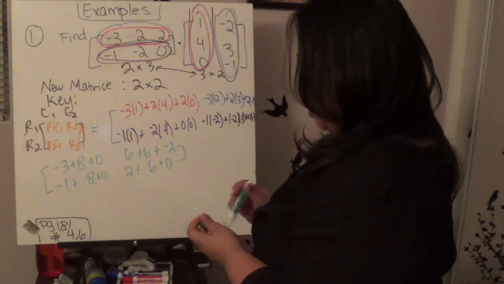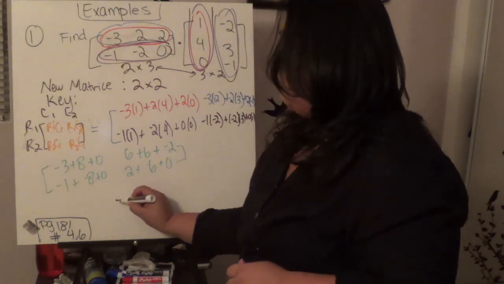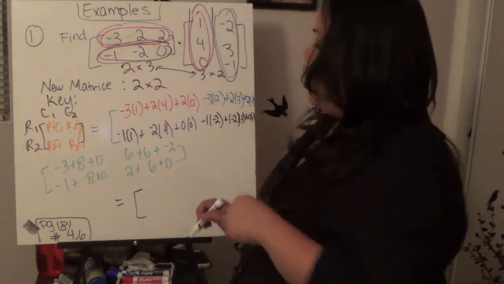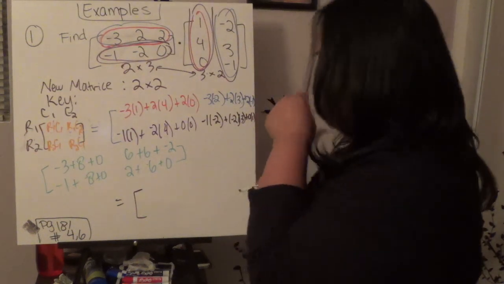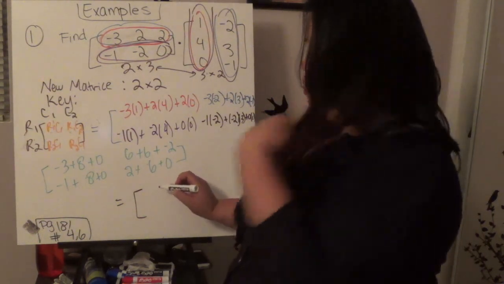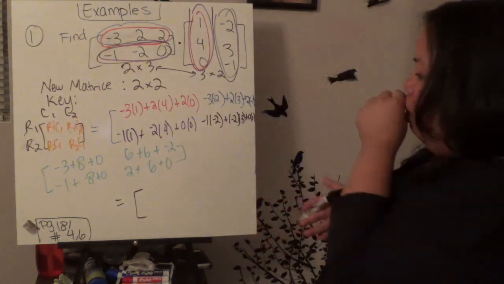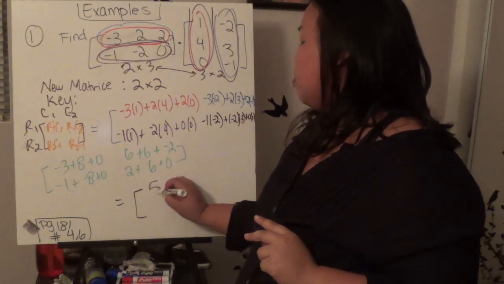And then our final answer is just basically to add everything together. So I'm going to add them. Sorry. Negative 3 plus 8 is 5. I'm sorry, guys. Negative 3 plus 8 is 5.